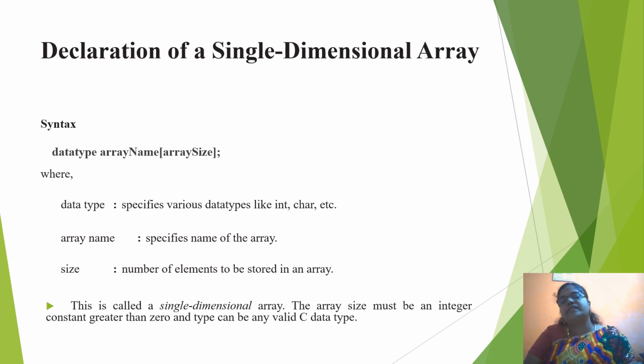Declaration of a single dimensional array: the syntax is data type, array name[array size], where data type specifies the various data types like integer, character, etc. Array name specifies the name of the array. Size is the number of elements to be stored in the array. This is called a single dimensional array. The array size must be an integer constant greater than 0, and the type can be any valid C data type.